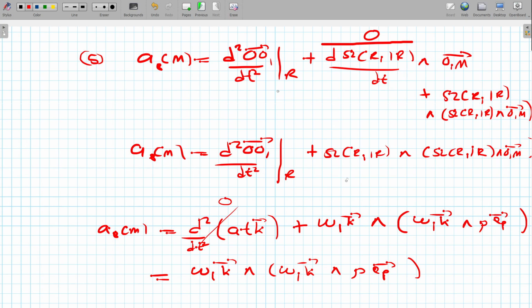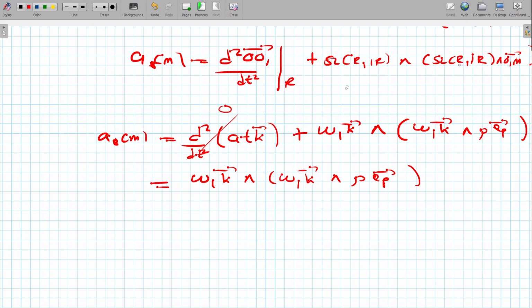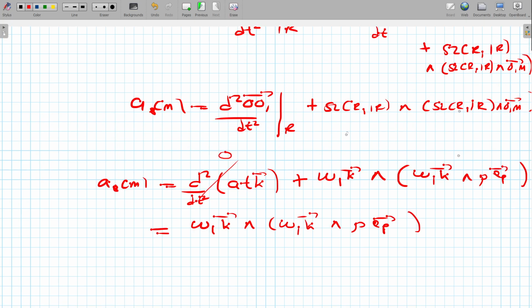So we have d squared O1 over dt squared, and then plus this part where we're differentiating, and then we have plus this omega here, and then vectorial the first one, which is okay. So this is what we have.